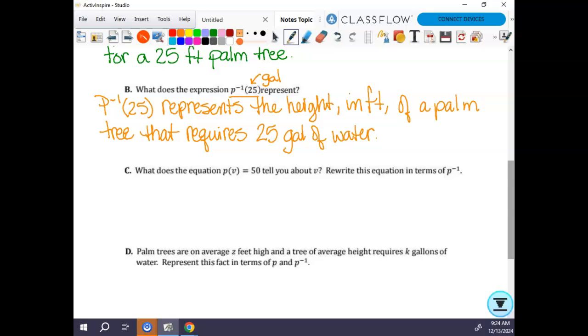We good with that? Okay. What does the equation P of V equal 50 tell you about V? All right. So equation here, what would V represent?